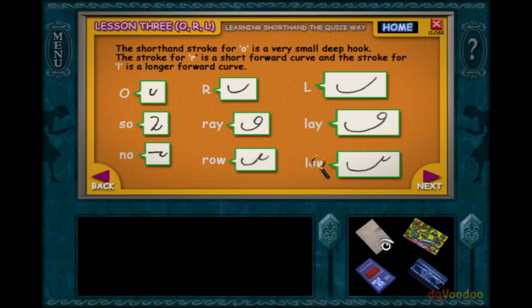The shorthand stroke for O is a very small deep hook. Oh. Okay. The stroke for R is a short forward curve, and the stroke for L is a longer forward curve.